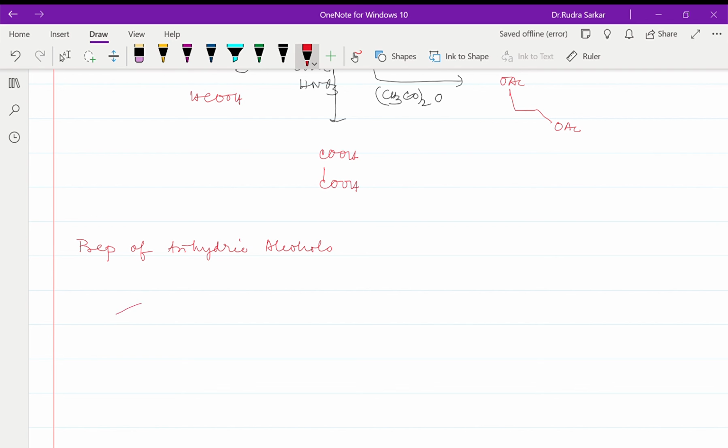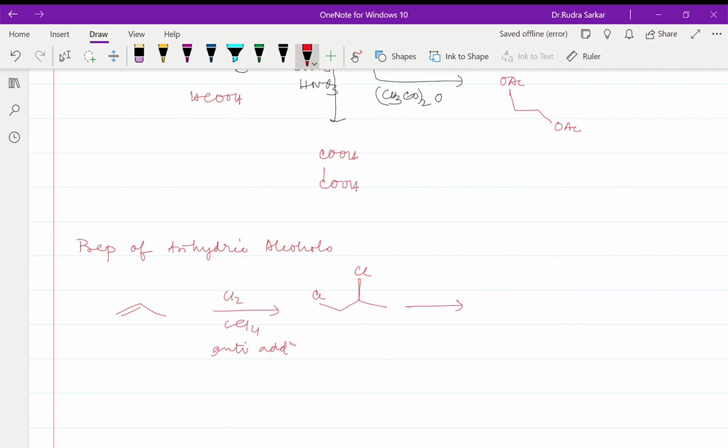So suppose we have this compound, propene. You treat it with Cl2 in CCl4. You know over here addition will take place in anti manner. Okay.